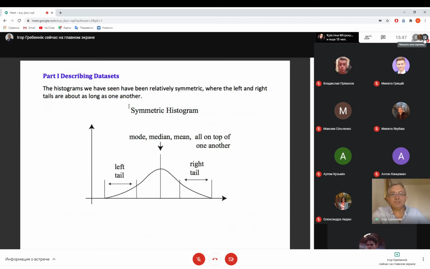Sometimes histograms may be symmetric or relatively symmetric, when the left and right tails are about as long as one another, similar or the same. The right tail and left tail are very similar too.